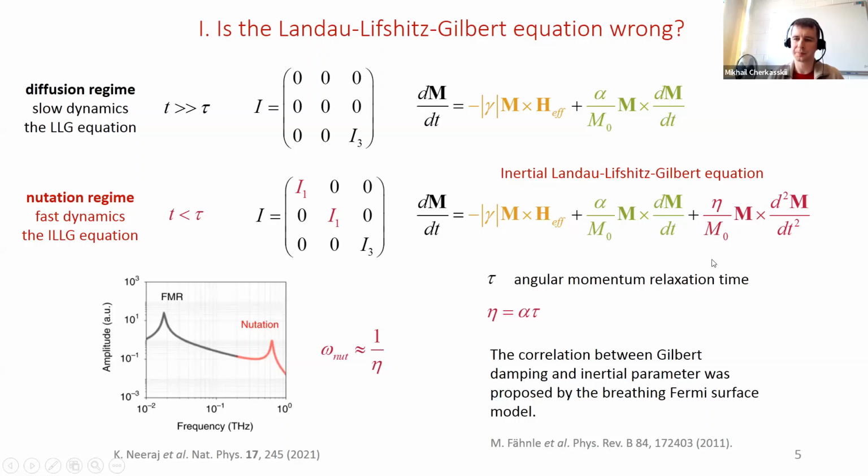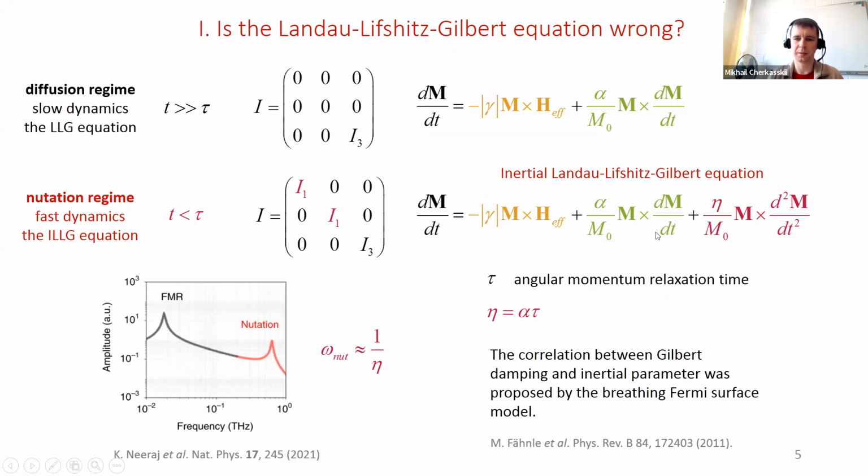By including an additional term, the inertial term, this generalization was done not only with the Lagrangian classical approach, but also in the framework of the Dirac quantum approach and other theories. They all showed that magnetization should be described with this inertial LLG equation with a second-order time derivative term.